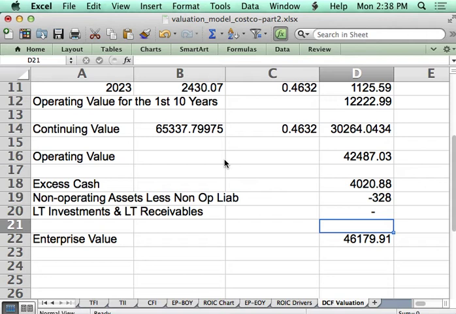All right? If I were valuing Yahoo, the value of Yahoo today is all Alibaba. A few years ago they made an investment in this company called Alibaba based in Hong Kong, and essentially that 40% stake in Alibaba is all of Yahoo's stock price today. All right? So their operations, virtually worthless.